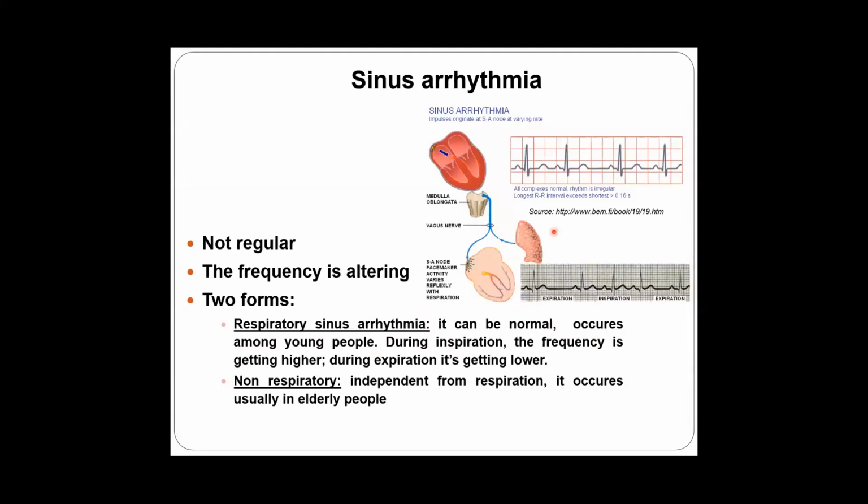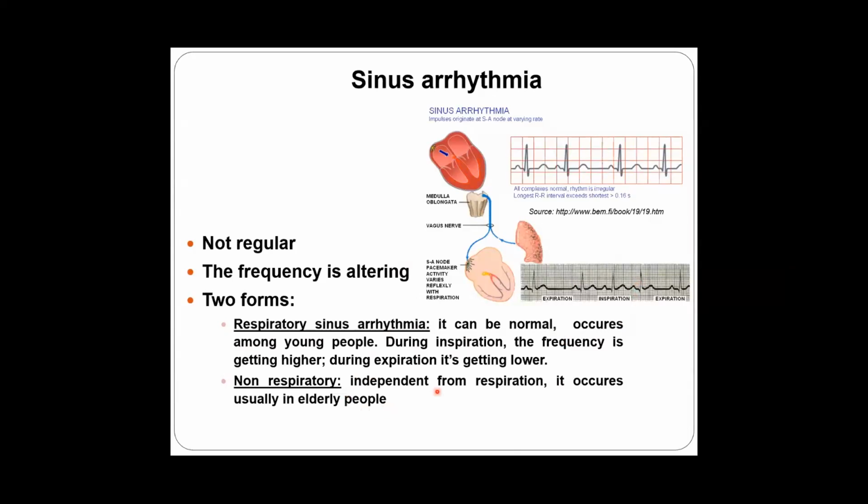This is because the vagal tone is changing, coming from the stretch receptors of the lung, and that alters the SA node, so it accelerates and slows down. It has its own rhythm, around 15 to 16 per minute, very similar to the breathing rate.